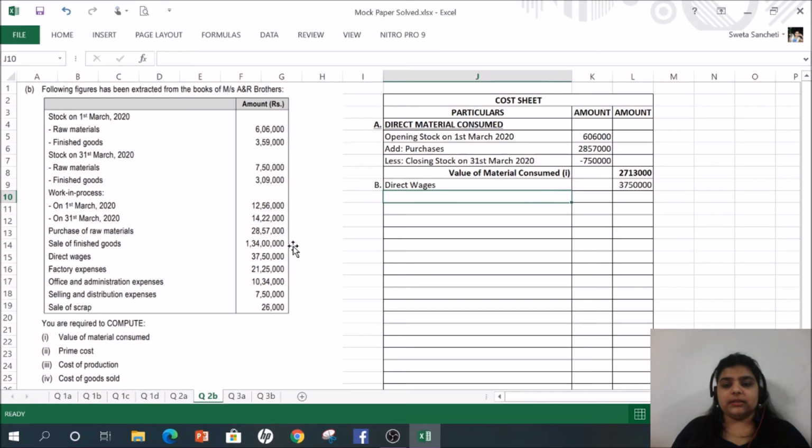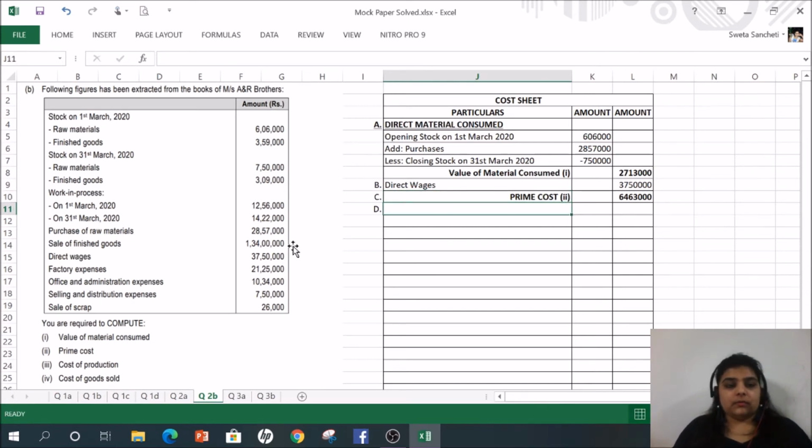So what we get is the prime cost. Prime cost is 64,63,000. The second requirement was prime cost, so in bracket I will write here 2.